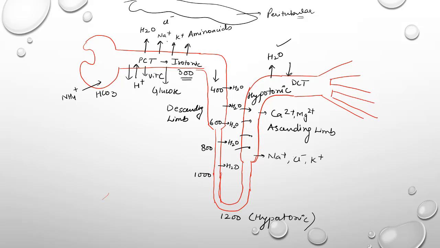H plus shows an antagonistic movement with K plus and NH4 plus. To maintain the pH, H plus are basically given in the filtrate, on the luminal side, with Na plus.